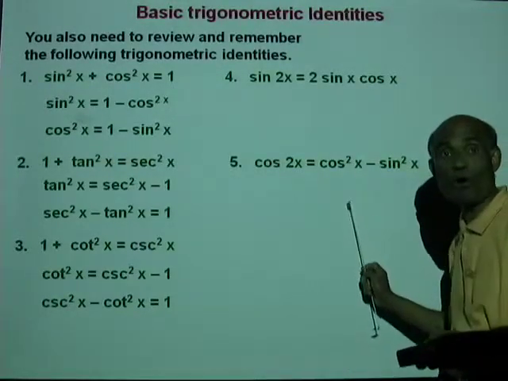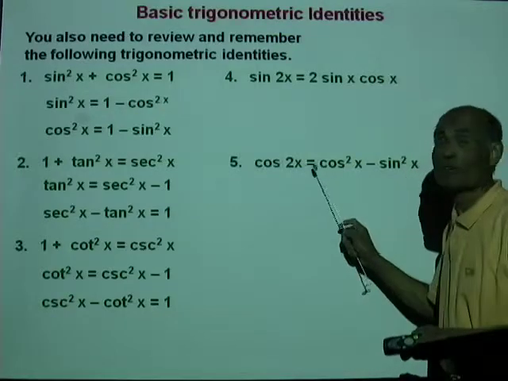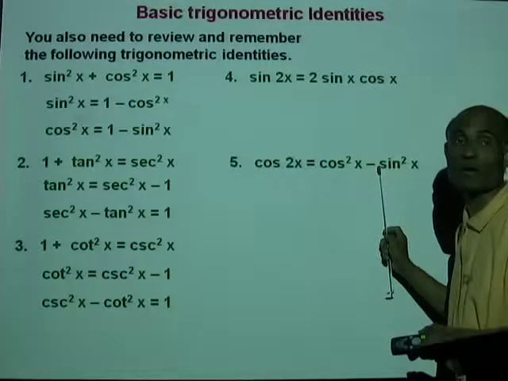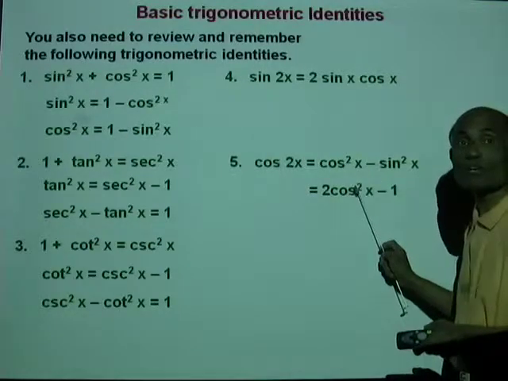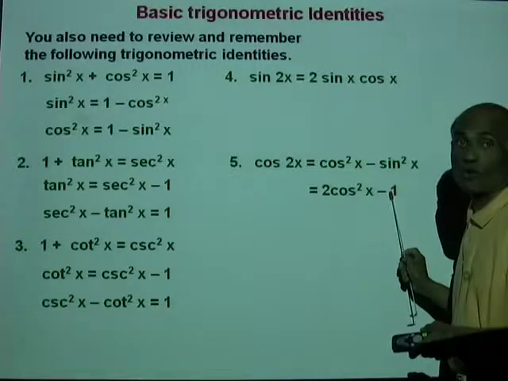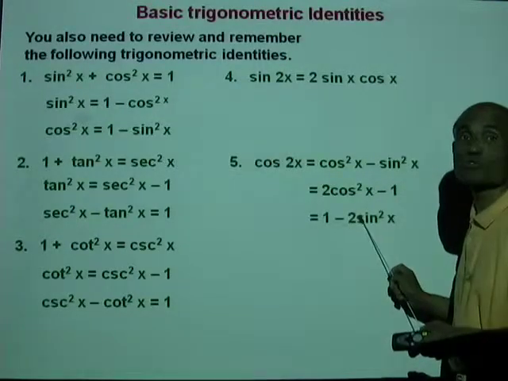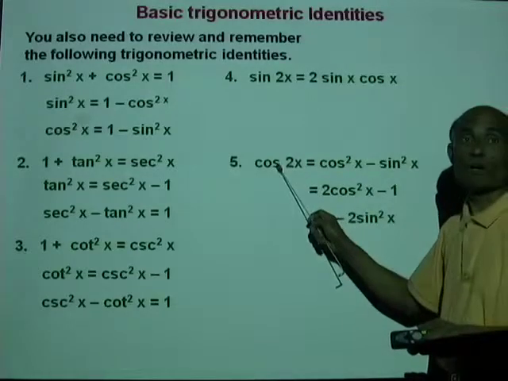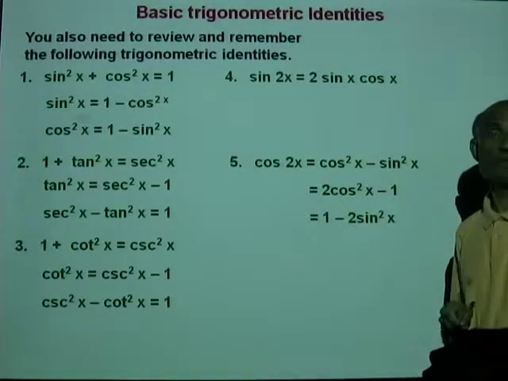Actually, there are three forms of it I want you to remember. One is cos 2x is cos squared x minus sine squared x. It's also equal to 2 cos squared x minus 1. Also 1 minus 2 sine squared x. All these three forms are the same for cos 2x.